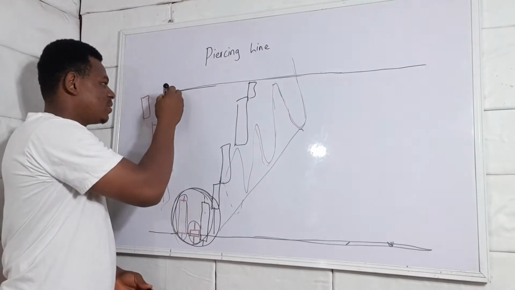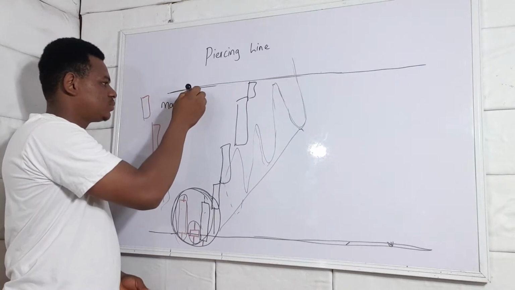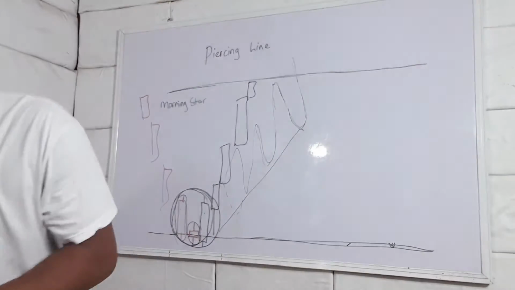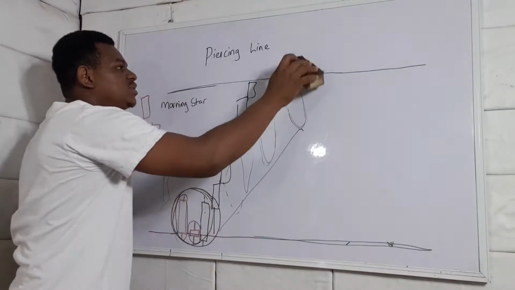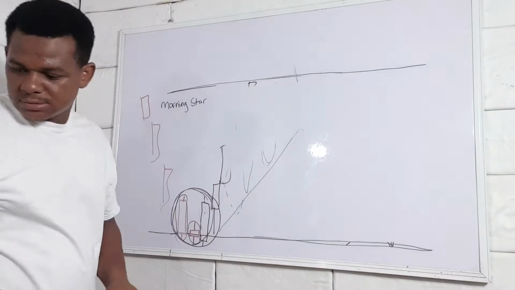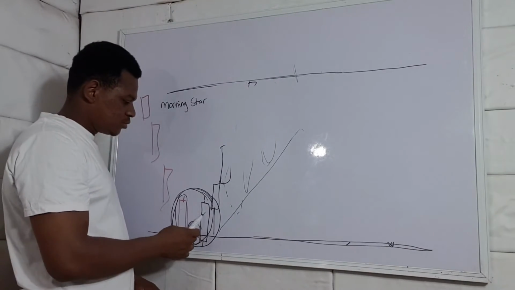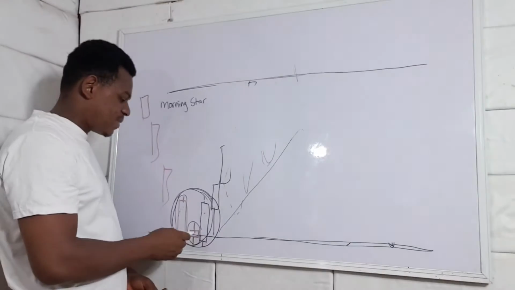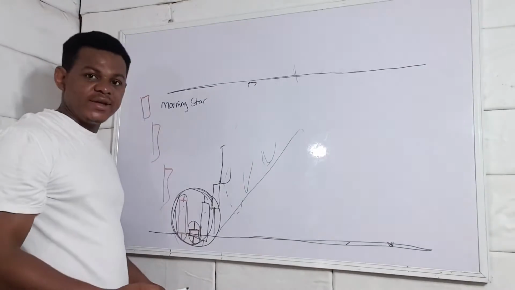We call it the morning star pattern. It's a bullish pattern that takes the market to the upside. And mind you, this candle must be red, but the star sometimes might be green or red.